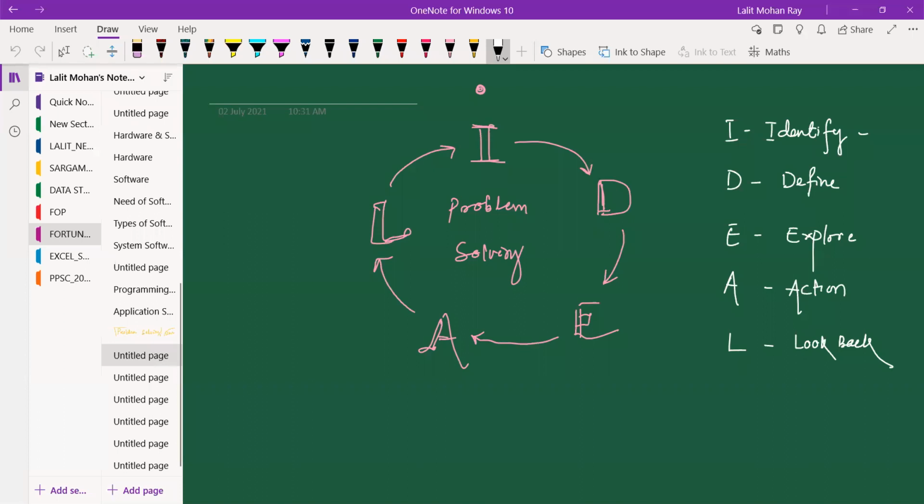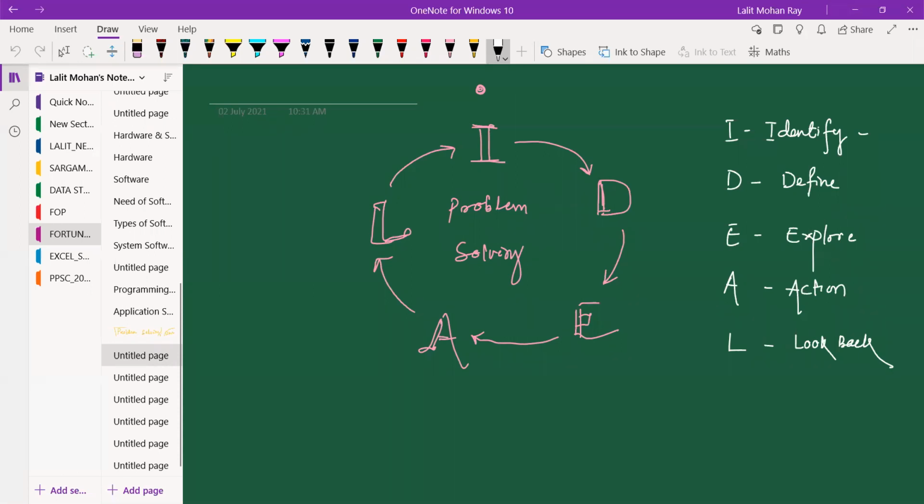So looking back will remind us what lessons we have learned. So this is a phase called look back or learning.